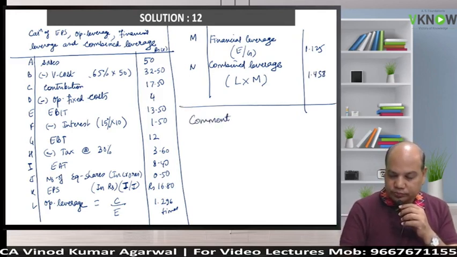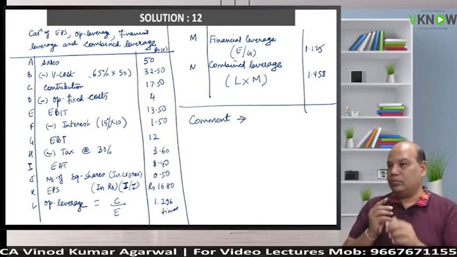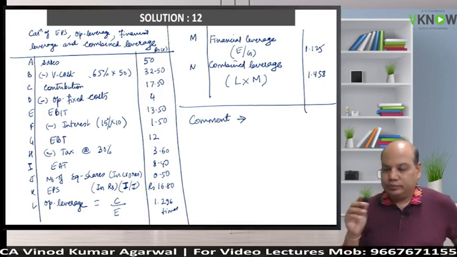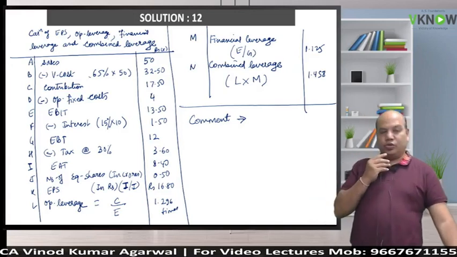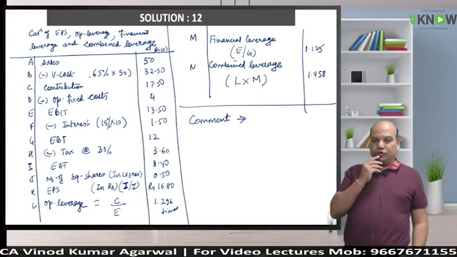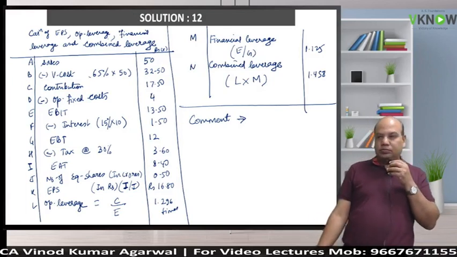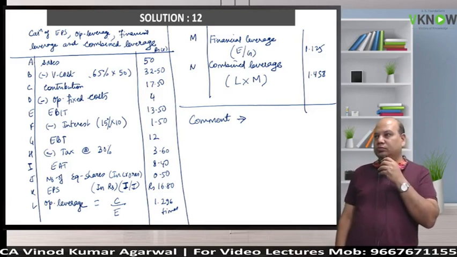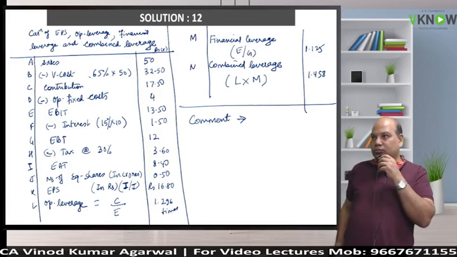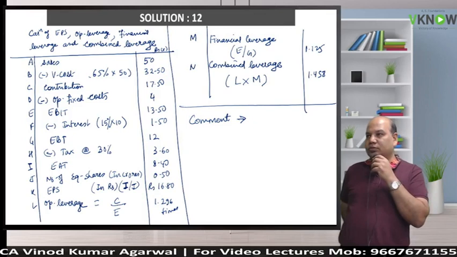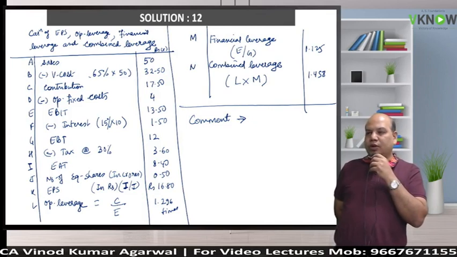Comment. I'll dictate, write down. Operating leverage measures operating risk, because there is nothing to compare in this problem. Financial leverage measures financial risk.